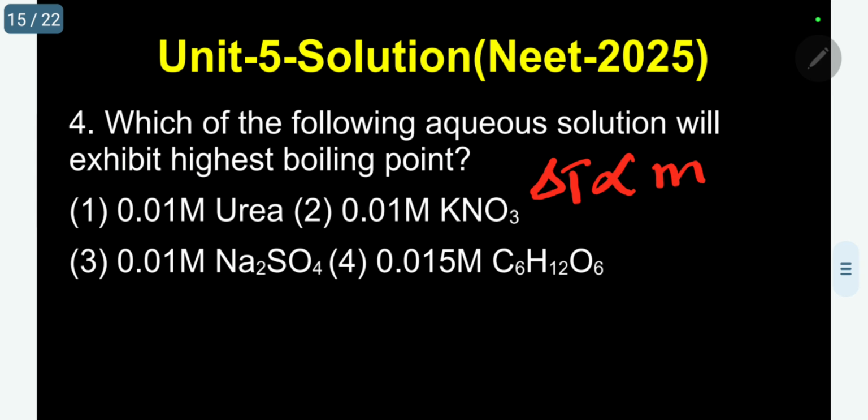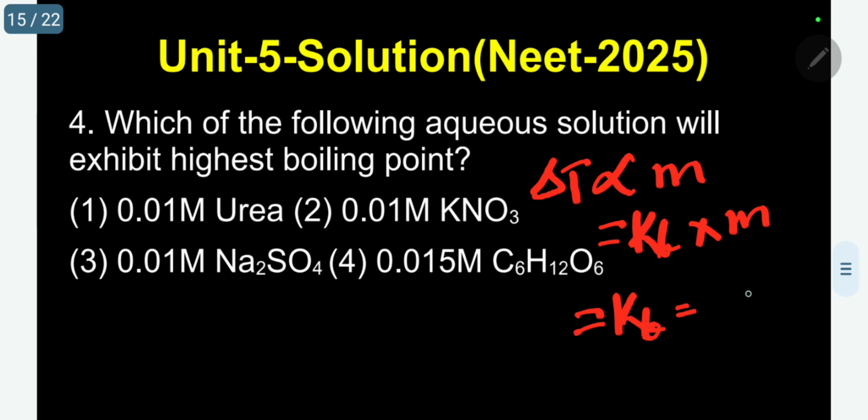So now we'll come to question 4. Delta T is directly proportional to the molality of the solution. What is molality? Let me use K. The highest boiling is given by Kb into m. What is m? m equal to N2 by W1 gram.